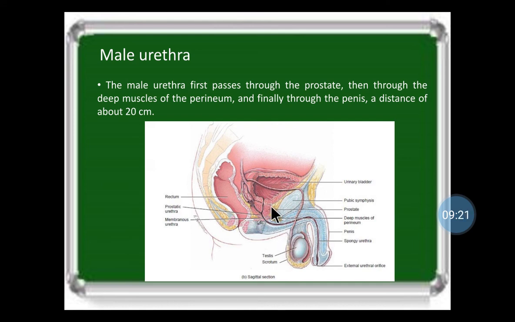First it passes through the prostate gland, the prostatic portion. Here this is called the prostatic urethra. Then through the deep muscle of the perineum, and then finally through the penis, and this is 20 cm long.